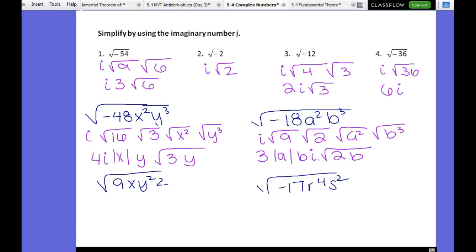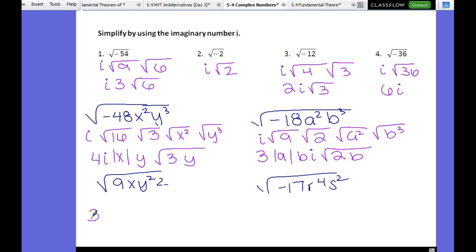Okay. Next example. Square root of 9 x y squared z. So the square root of 9 becomes 3. Can I bring anything out from the x? The square root of x is just the square root of x because there's nothing to divide.